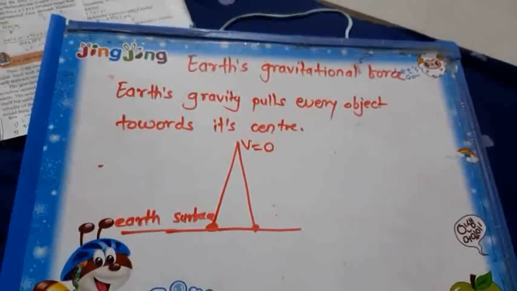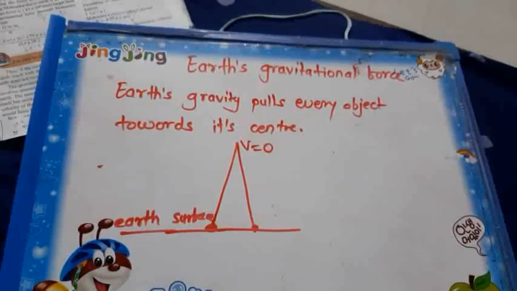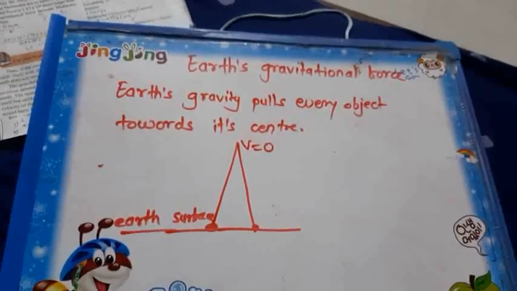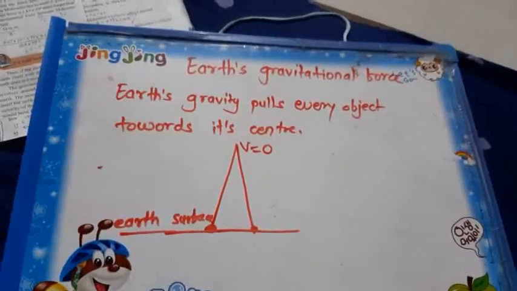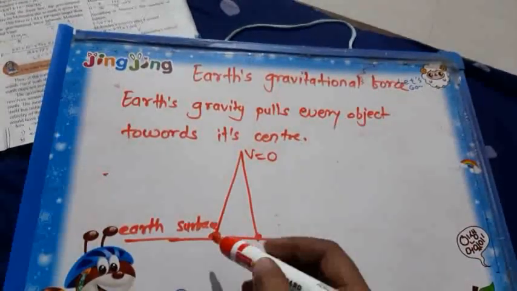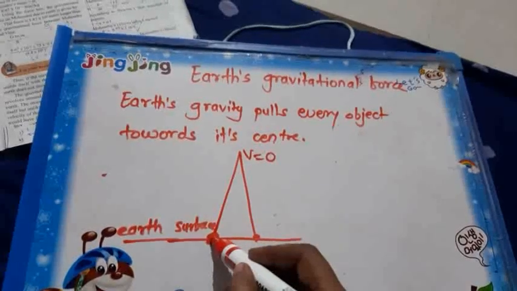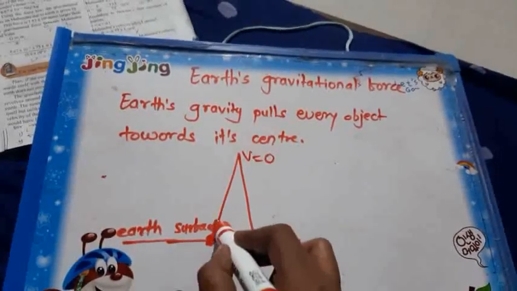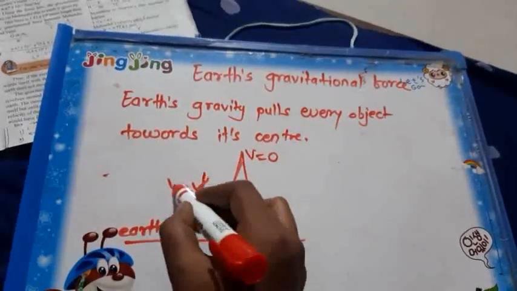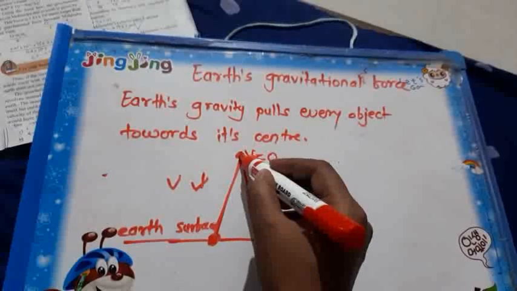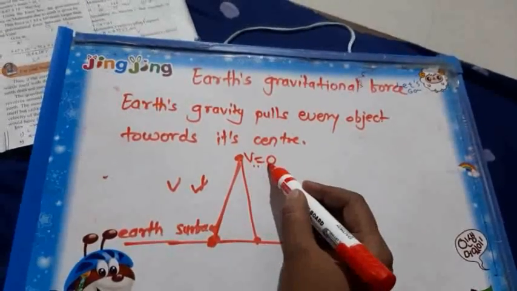When we throw a stone vertically upwards, this gravitational force of the earth tries to pull it down, and due to this its velocity reduces. Suppose this is the stone or ball: when it goes vertically upwards in the sky, its velocity reduces, and when it reaches a particular point, its velocity becomes 0.